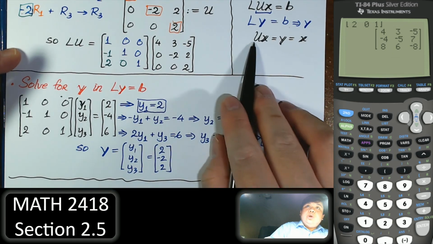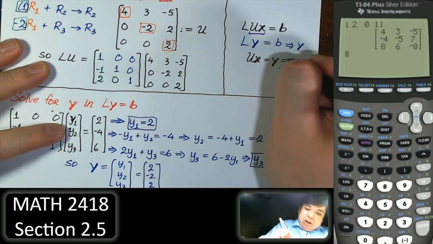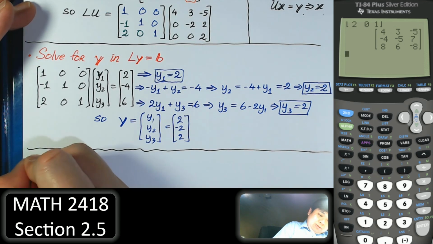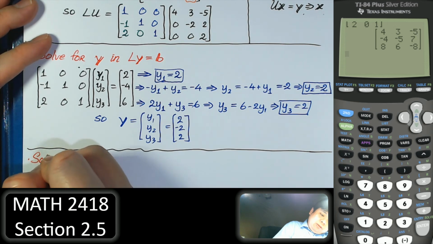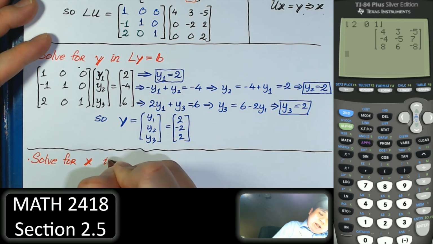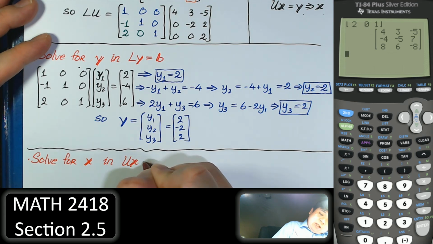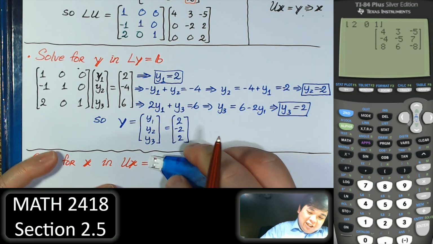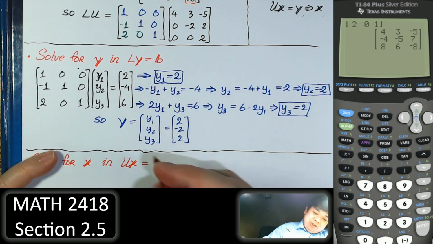The last step is use x equal. From that we solve for x. So for x in Ux equal to b, sorry, Ux equal to y, because that's what we let equal to.